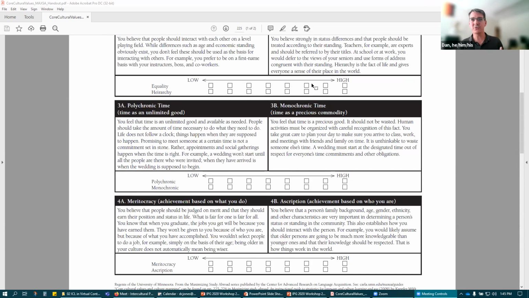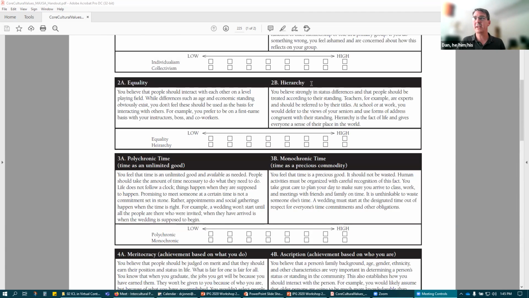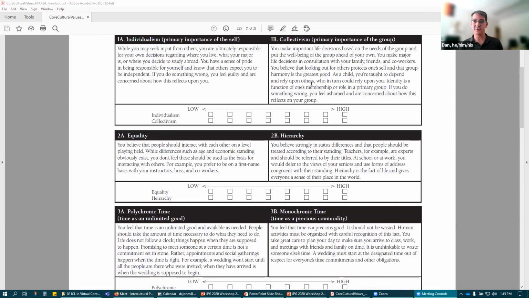But what I also find useful when explaining directness and indirectness to students is talking about high context and low context cultures. So people who are low context culturally, they tend to be more direct. That is, if I don't have a lot of contextual information, I have to fill it in with my words.